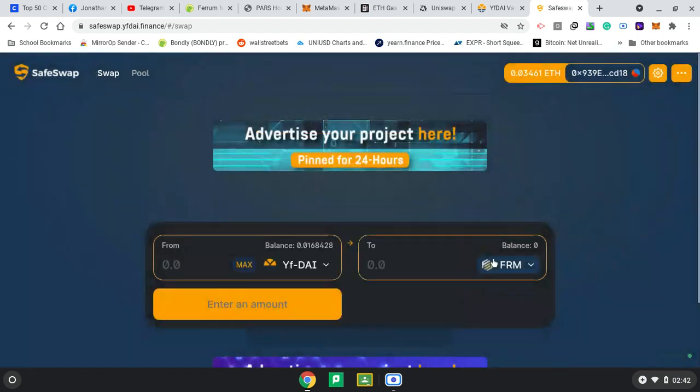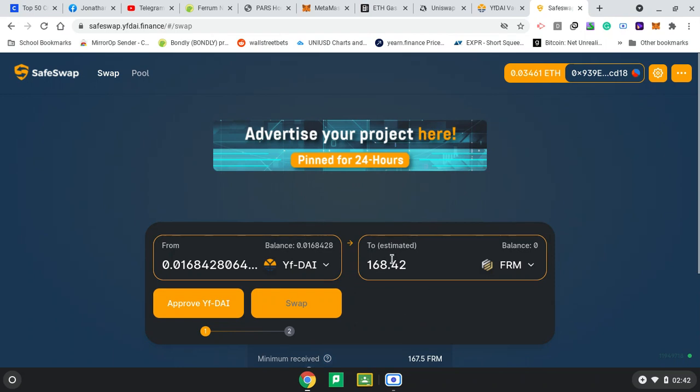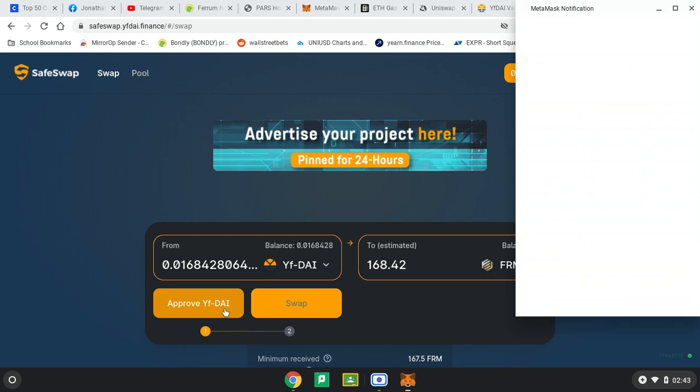So select. I'm going to go max. So that max should give me about this amount. Okay. Approve. Or do I press swap? First time I'm using it, approve YFDAI. Let me go approve first.